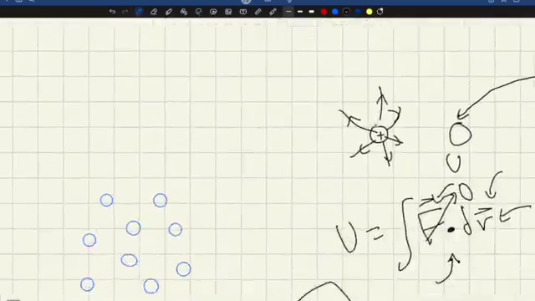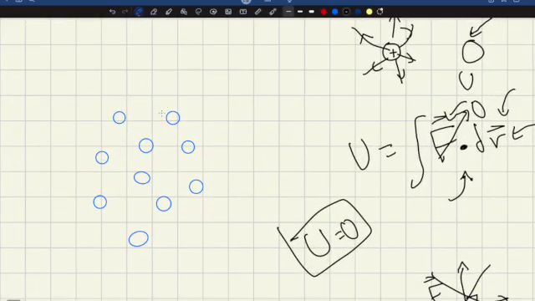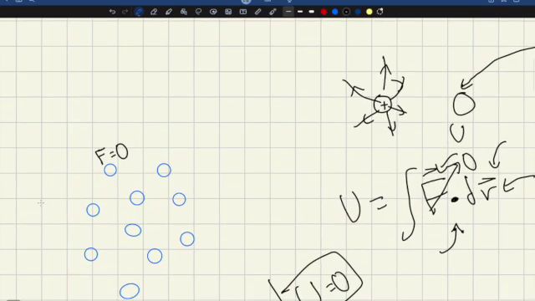But if we happen to have a system where each small particle experiences zero force, which is the setup here, a bunch of particles in equilibrium with each other, where each and every particle experiences zero force, then what we want is for the force to be zero along the path for these particles to get here.